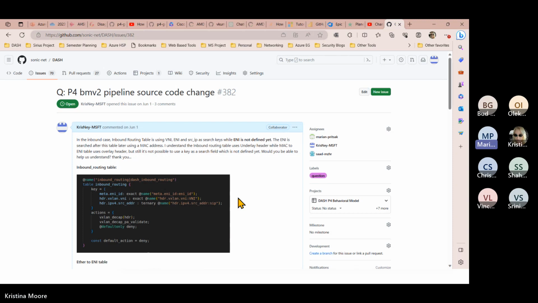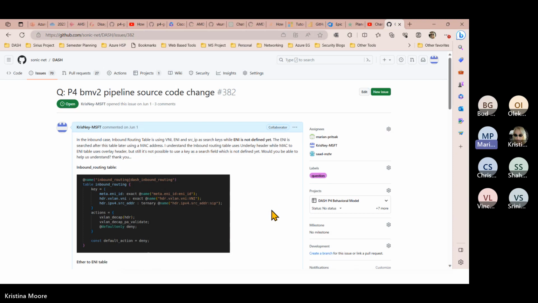Yeah. So there was a bug related to inbound packet processing, because there is a table called inbound routing, and it has an ENI ID as a key. So it matches on ENI and a couple of other fields to decide if this packet came from the expected source or not.